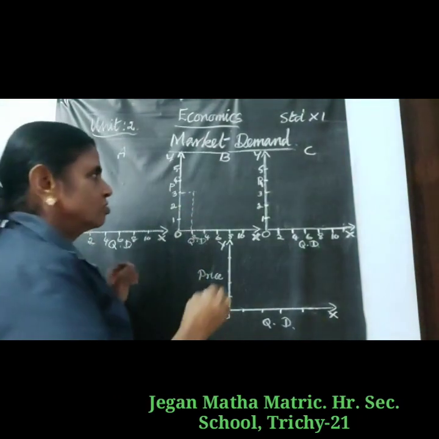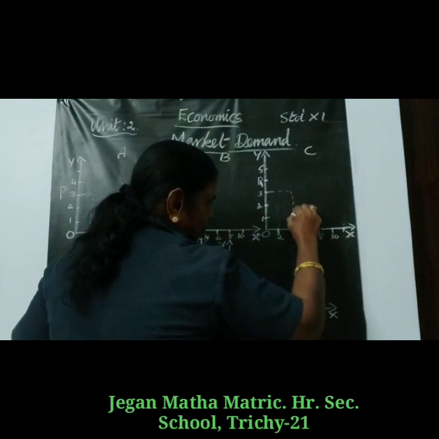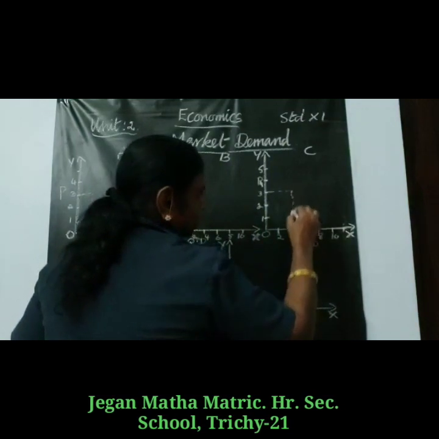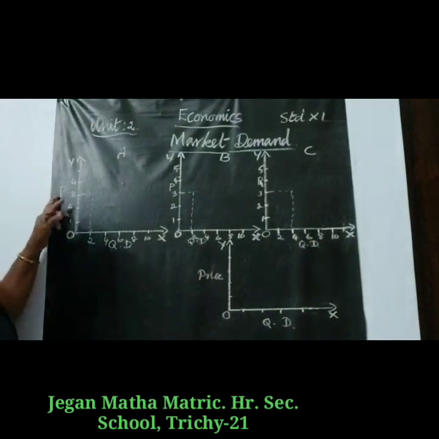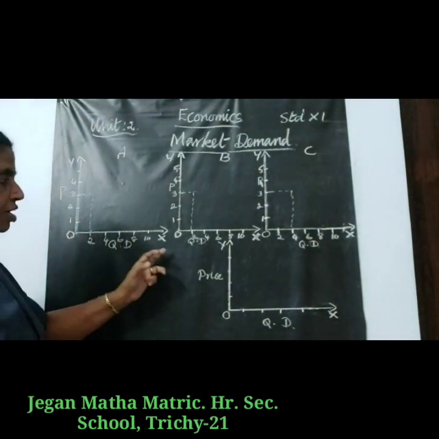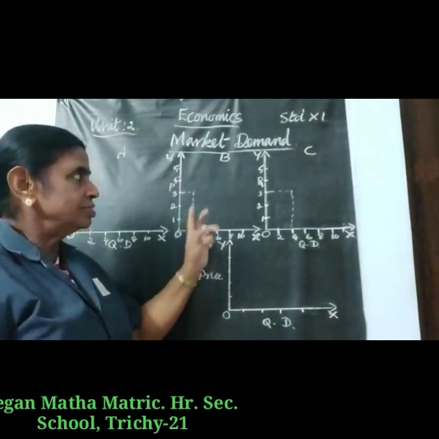And when the price is rupees 3, C is willing to buy 4. So the quantity demanded by C is 4.